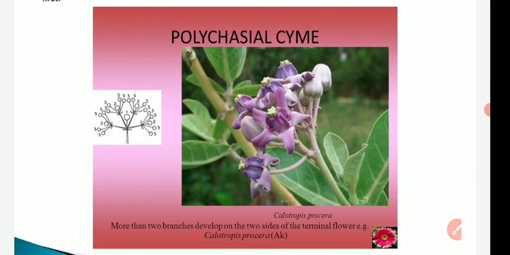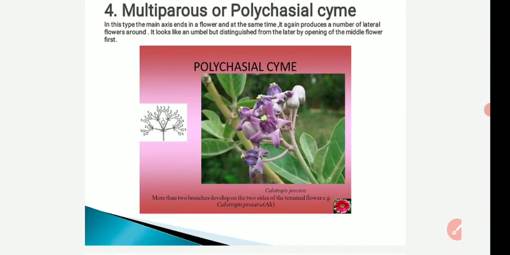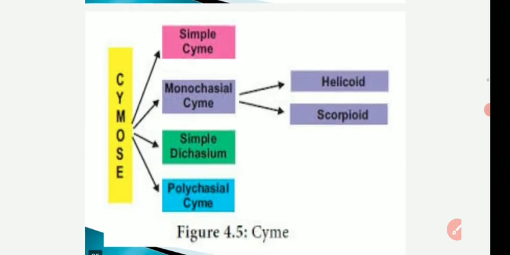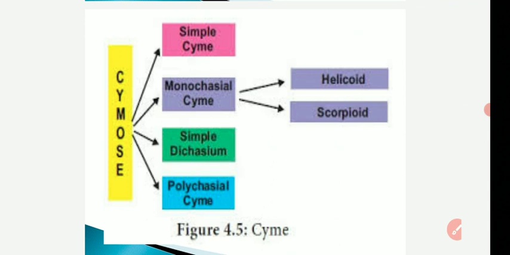So this is all about cyme inflorescence. That is, a cyme inflorescence is one in which the growth of the main axis is terminated by the formation of a flower at its apex, and depending on the development or arrangement of flowers and axis there are four types of cyme inflorescence.